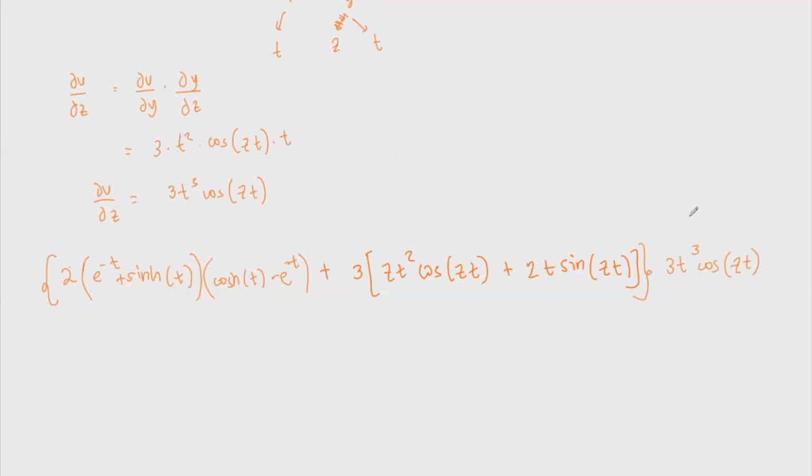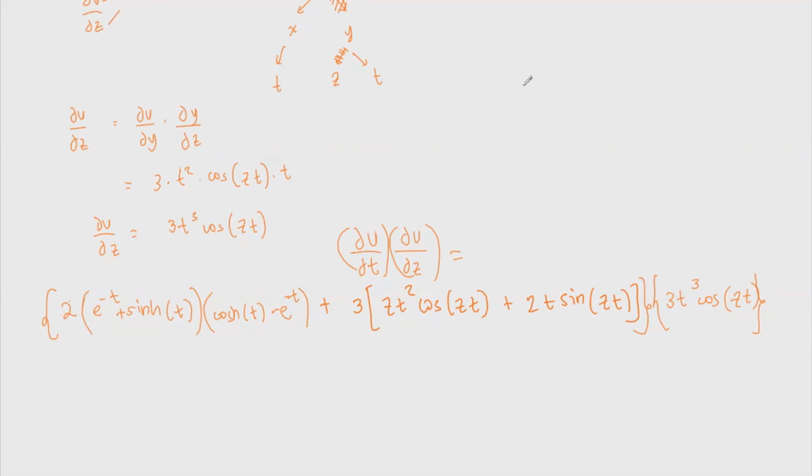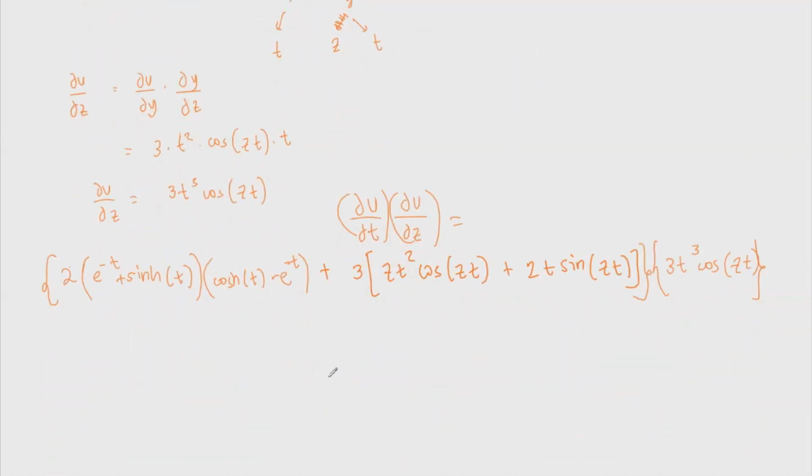In this case, we do have the final answer, and this is equal to the partial derivative of u with respect to t multiplied with the partial derivative of u with respect to z. Okay, and we can also check that on our answer. So this is the partial derivative of u with respect to z, and then this one is for the partial derivative of u with respect to z. Okay, so we're done with that item.